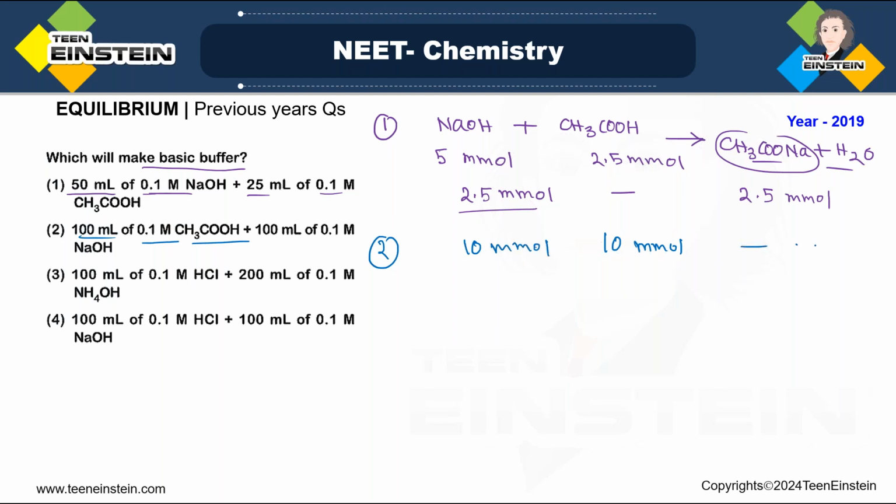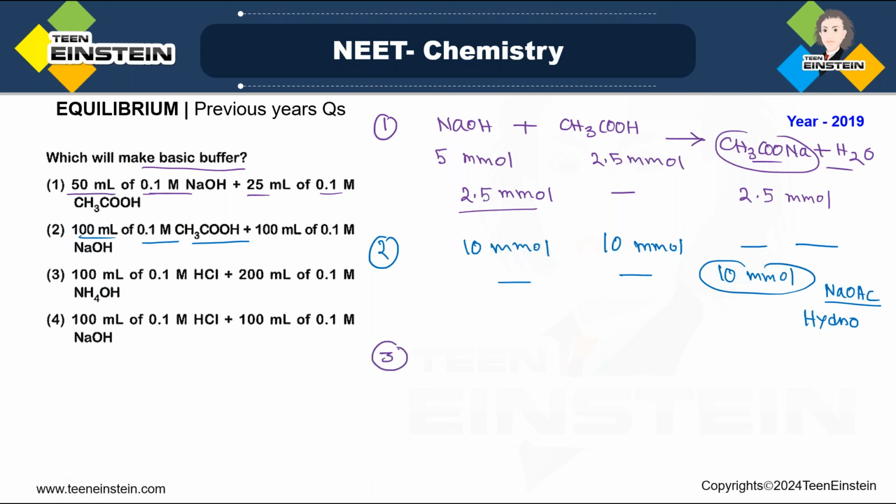So for the salt, initially it is not present, but finally after reaction it will be 10 millimole. So in the medium there will be only 10 millimole of a salt which is produced by the combination of strong base and weak acid. And there will be some hydrolysis of the salt. But you cannot say that this is a buffer. This is not a buffer according to the buffer definition. So this is also not our correct option.